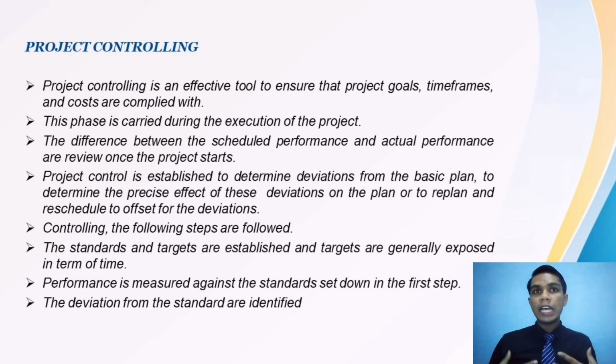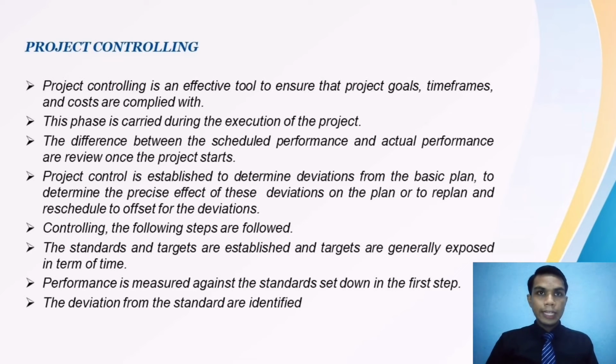Project controlling is an effective tool to ensure that project goals, timeframes and costs are complied with. This phase is carried out during the execution of the project. The differences between the scheduled performance and actual performance are reviewed once the project starts.